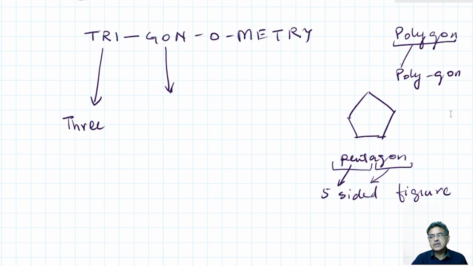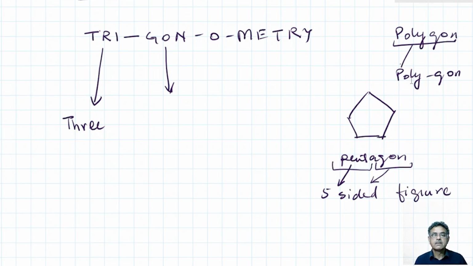But there are a few conditions. Any polygon, like pentagon or hexagon or heptagon, three-sided is triangle, four-sided is quadrilateral. In all of them, one common condition is that it has to be a closed figure.